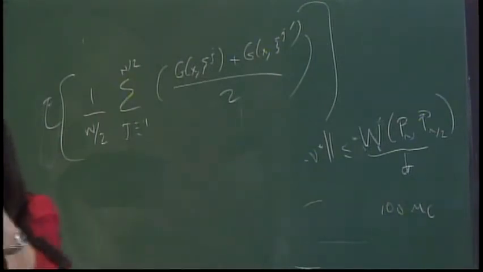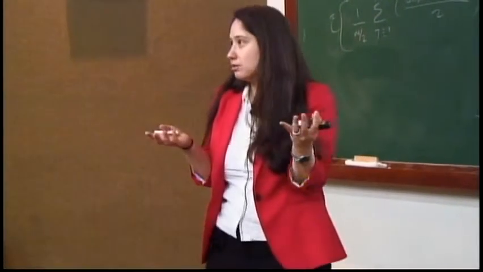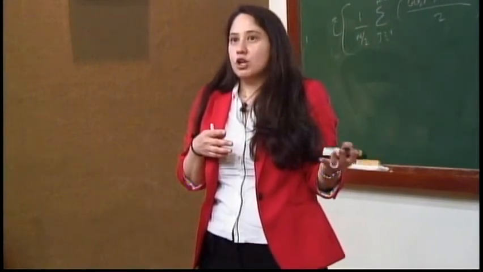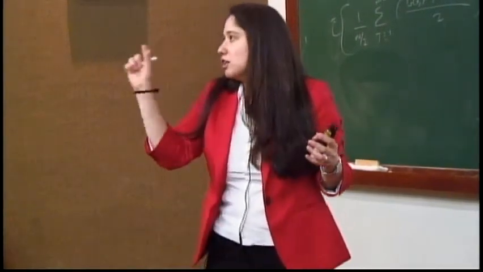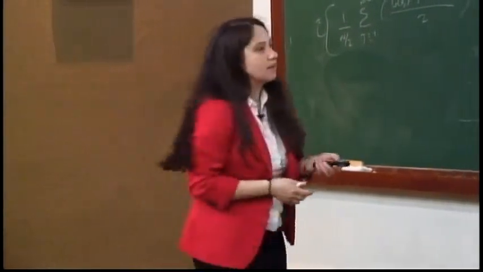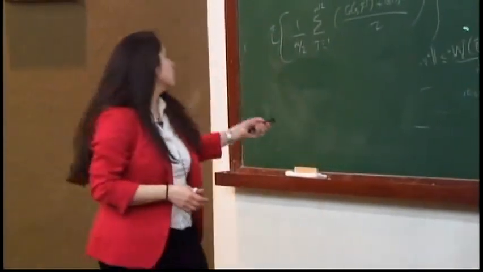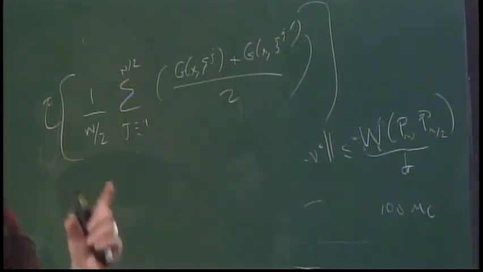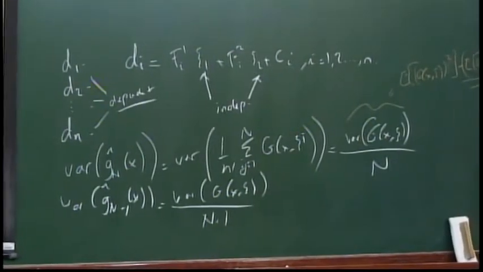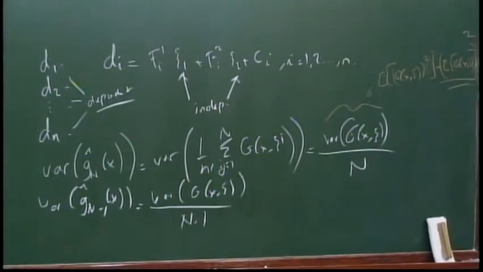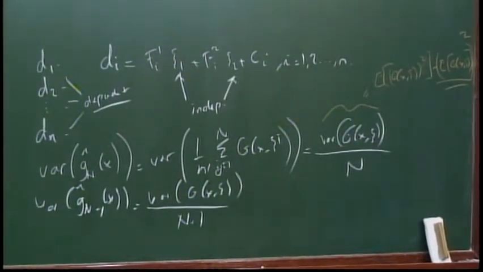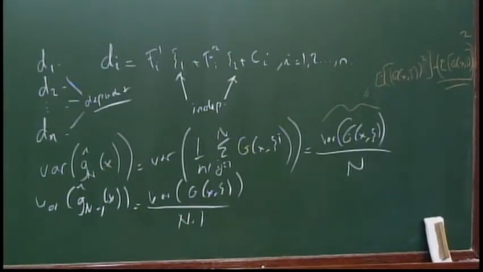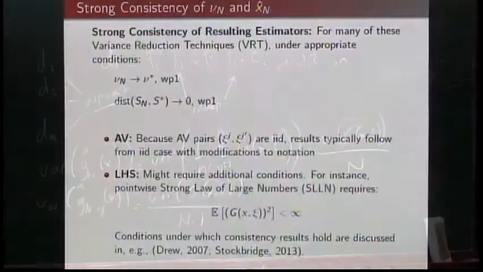So you revert back to IID sampling. You just have to change your variance term. Instead of the variance of the G, maybe you want to look at the variance of this thing, which will be actually less than that. Once you do those modifications, it's back to the IID case. So everything pretty much works. Theoretically, it's very easy.